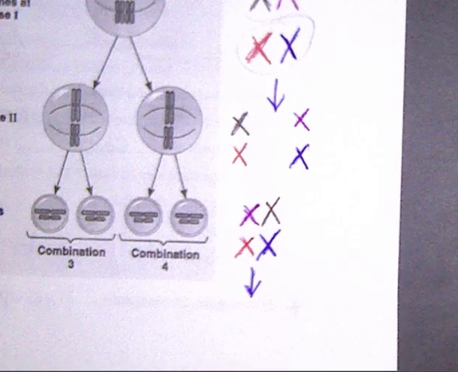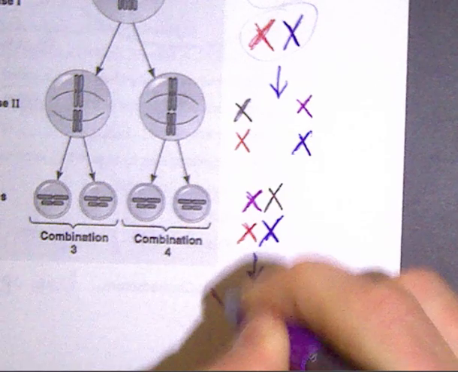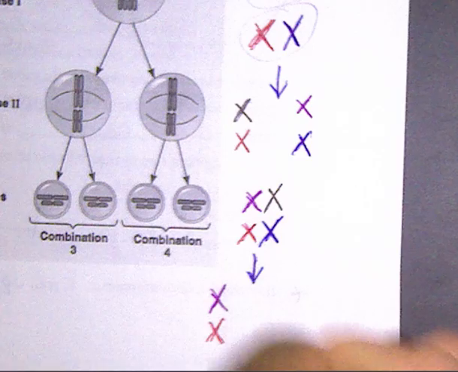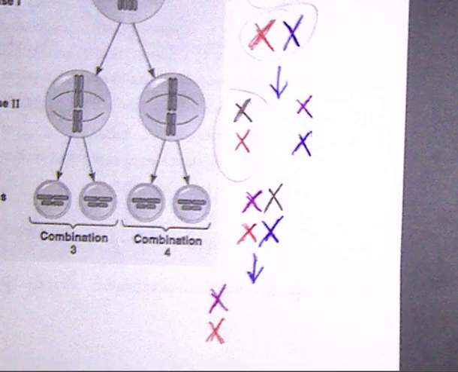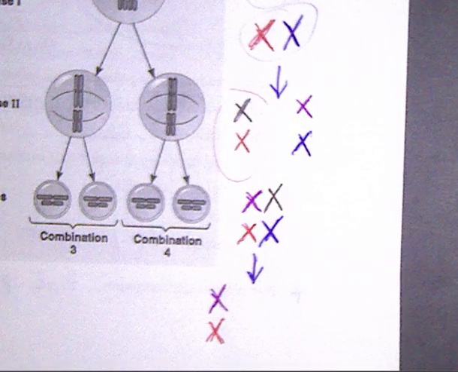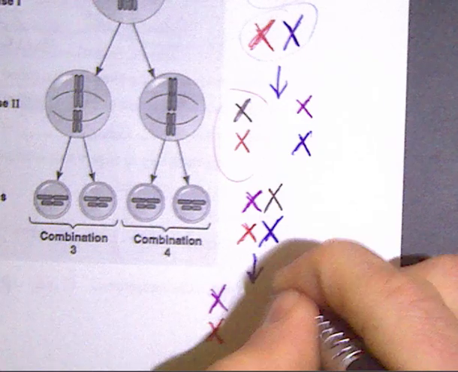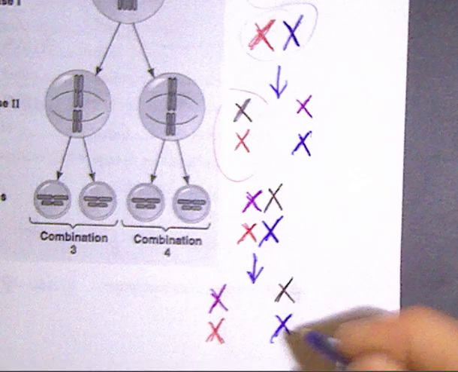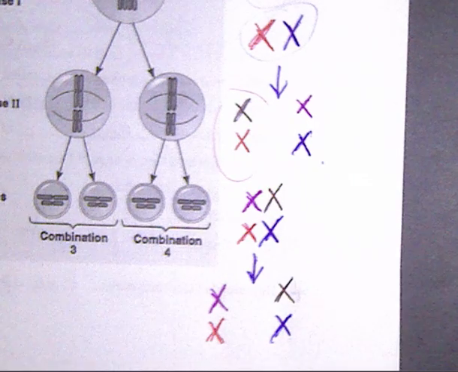But when they separate, I'm going to end up with purple over here and red. That's different from up here, which was black and red. And over here, I'm going to end up with black and blue, which was different than up here where I had purple and blue.